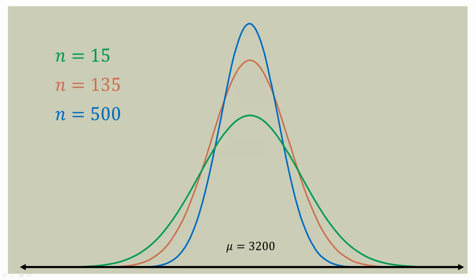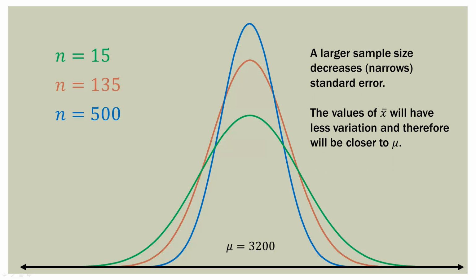And that's the idea of the standard deviation decreasing as the sample size goes up. And physically, I want you to think about the distribution of the sample distribution going inward, in towards that mean. So a larger sample size decreases or narrows this standard error.